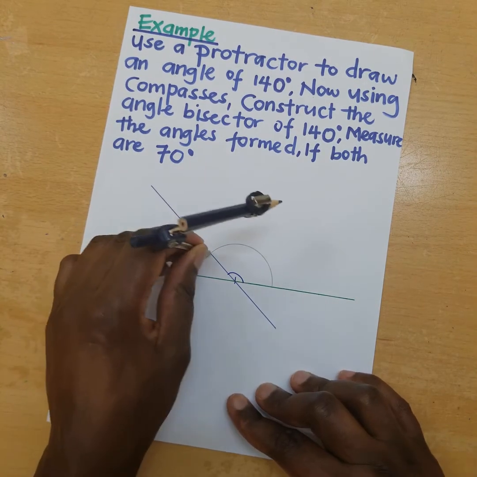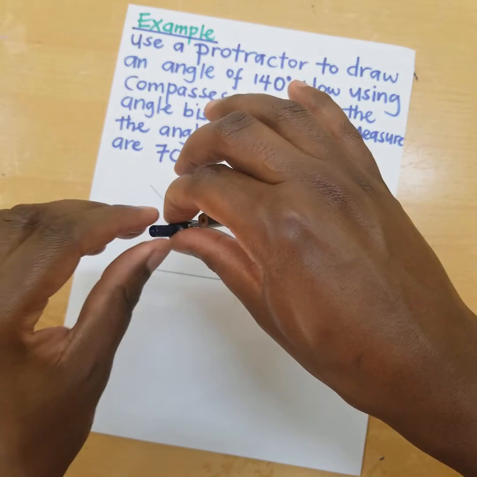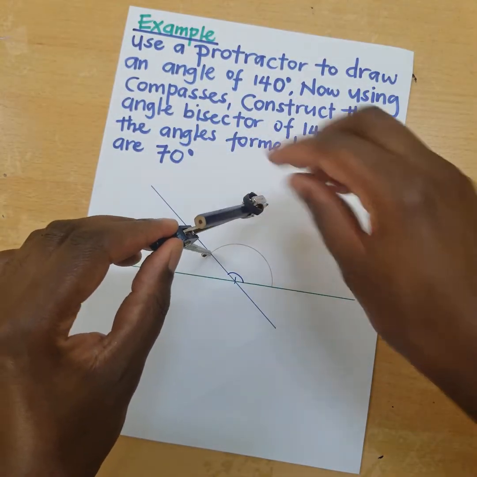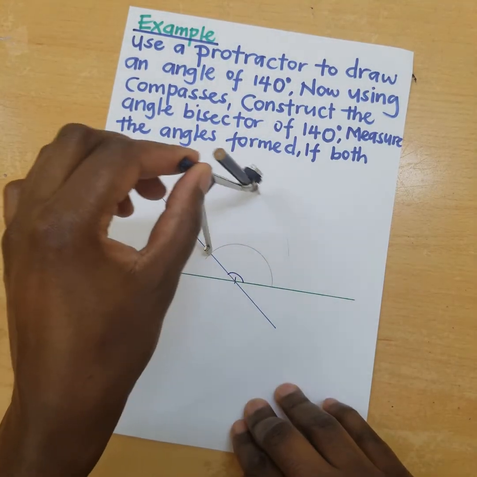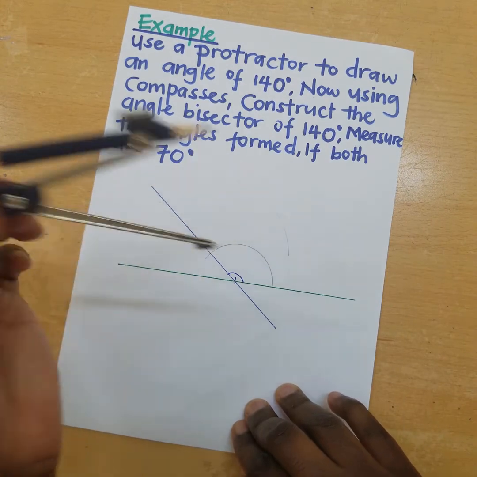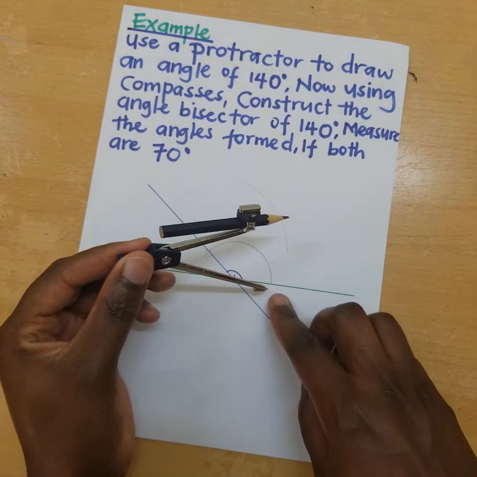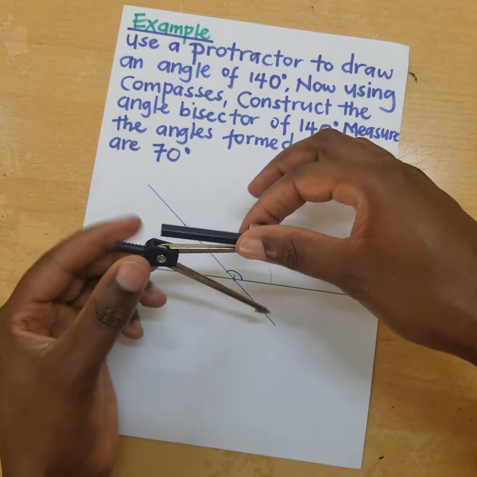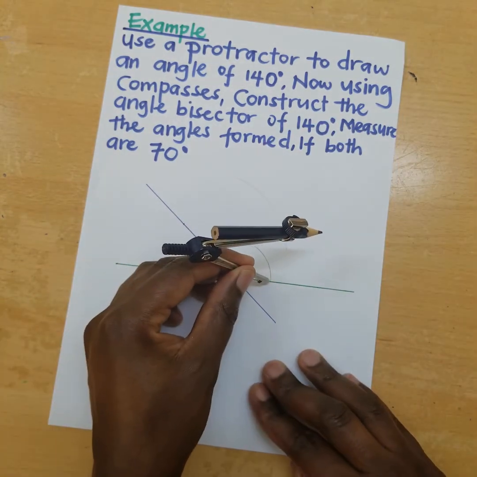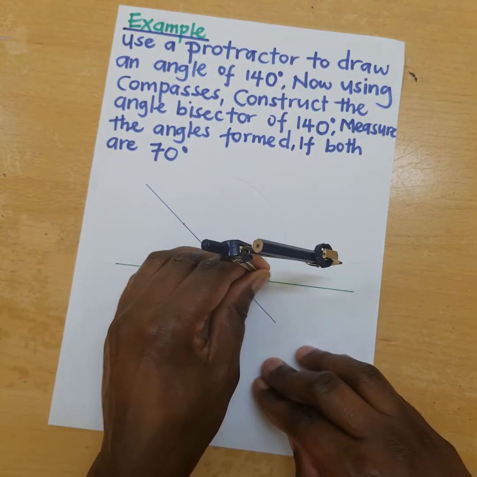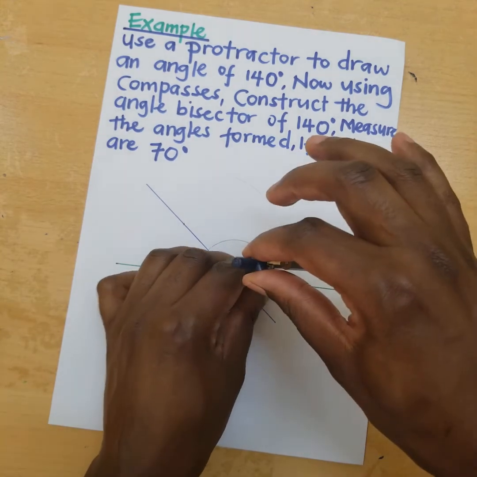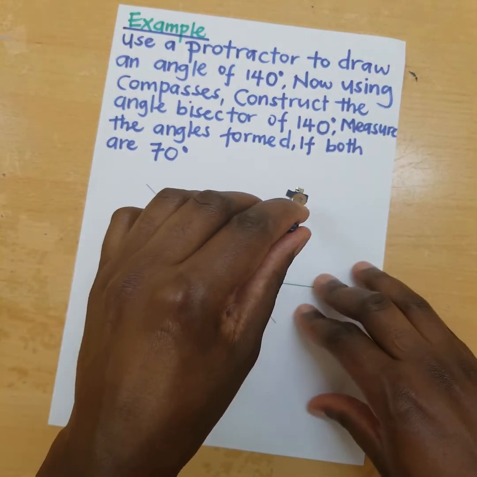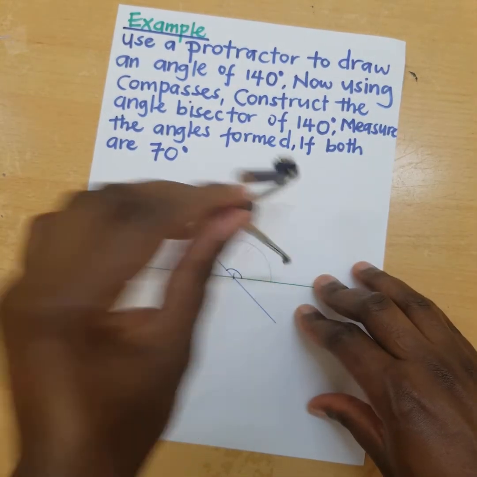So here I'll place, hold firmly, make an arc here, don't change, come on the other side of the arc where you made the arc, don't change, place firmly on that point, firmly, and make another arc.